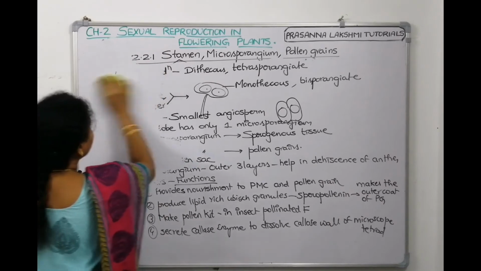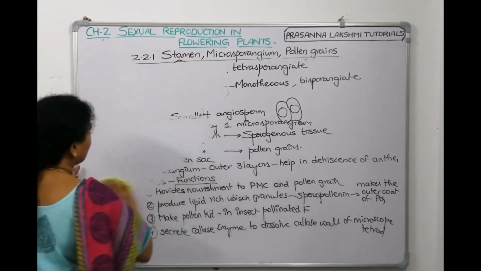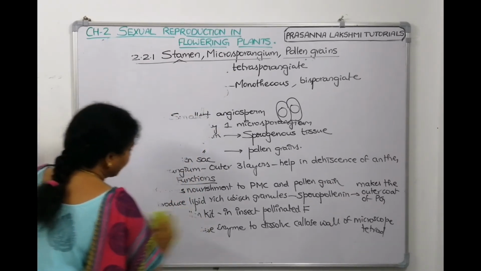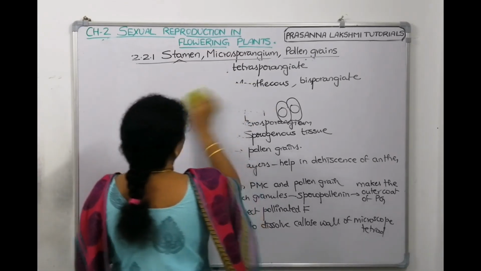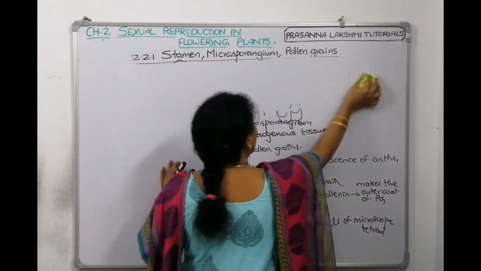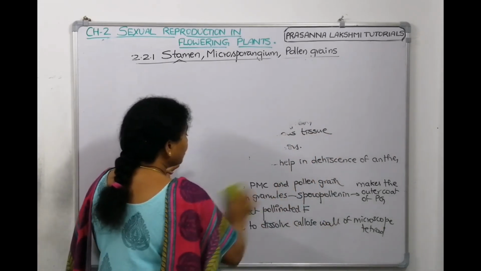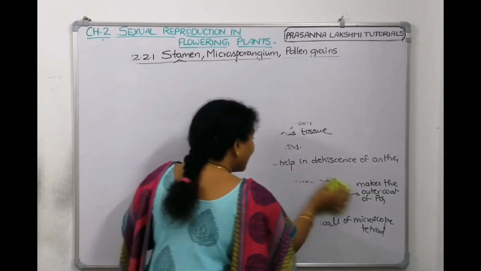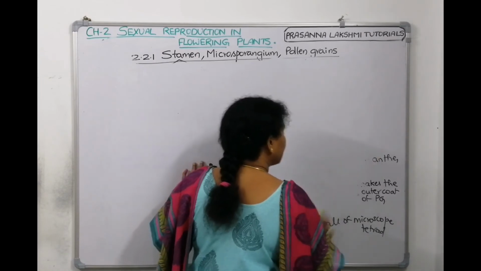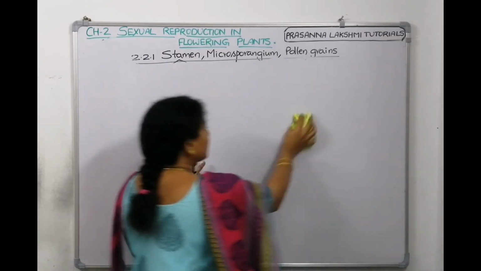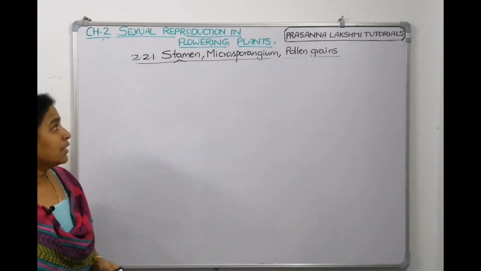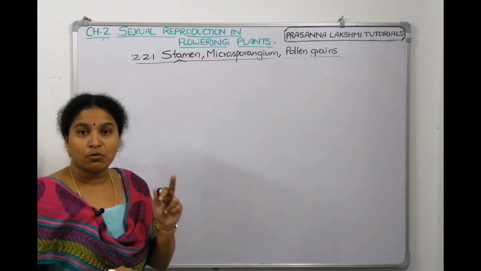Do you remember we said sexual reproduction involves 3 phases? Pre-reproductive phase involves gametogenesis and gamete transfer. Under gametogenesis we said microsporogenesis happens in the stamen and microsporangium, and megasporogenesis happens inside the ovule. Now let us talk about microsporogenesis.